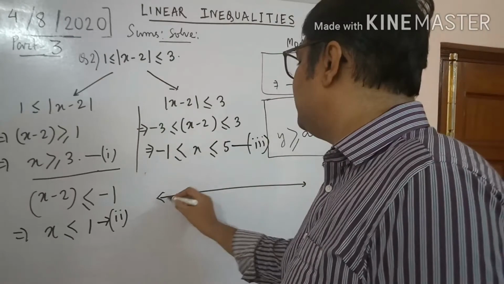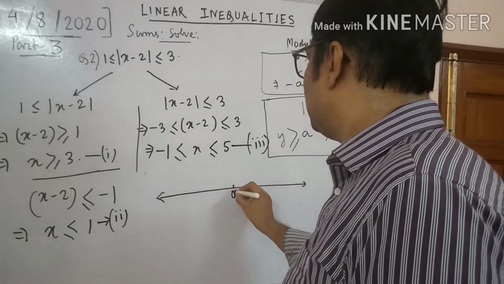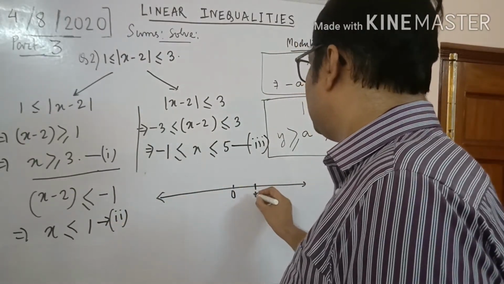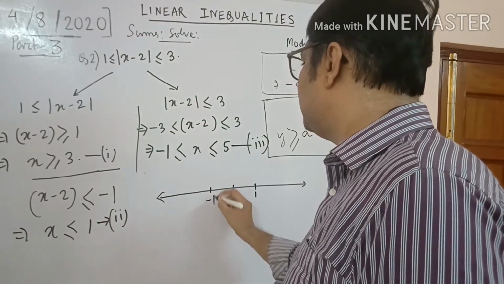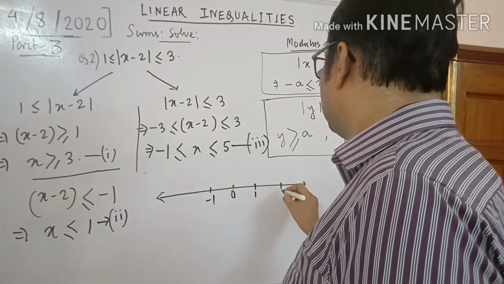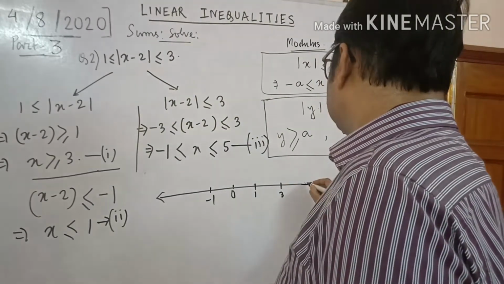What are the points over here? I get a 1, so I plot a 1. I get a minus 1, I plot a minus 1. I get a 5 over here and 3 also.